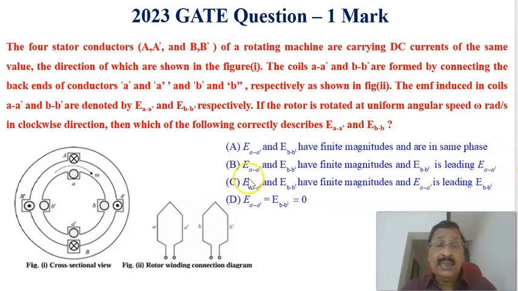Option C, both have finite magnitude and e_aa dash is leading e_bb dash. Option D, both are equal to 0. So these are the four options. Now let us see the answer in the next slide.